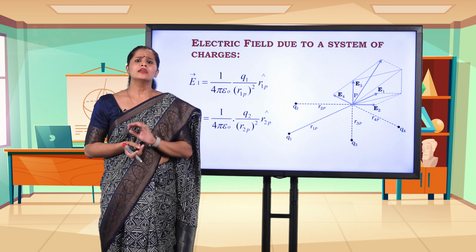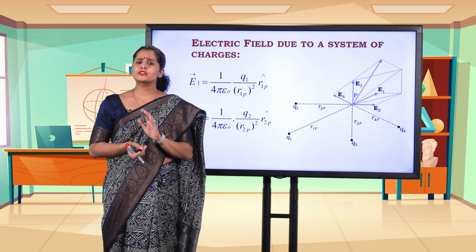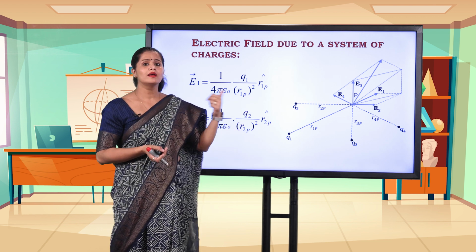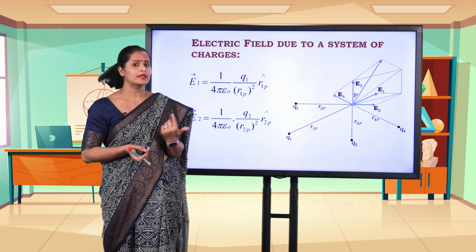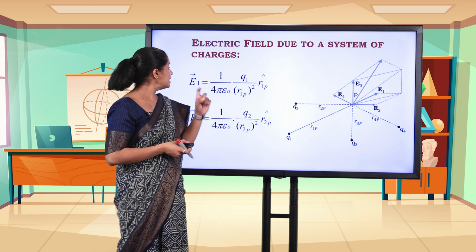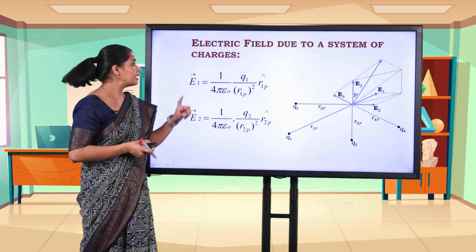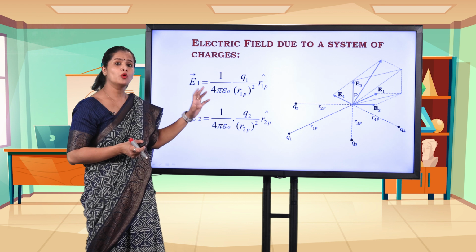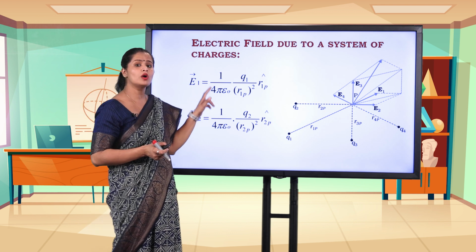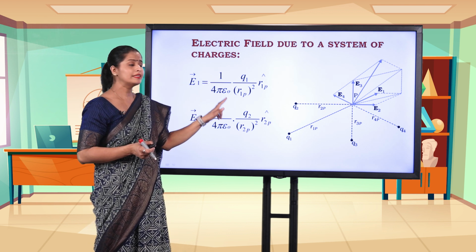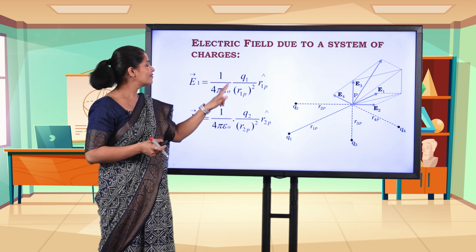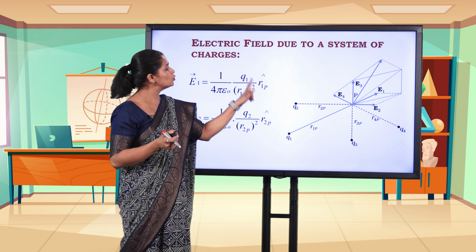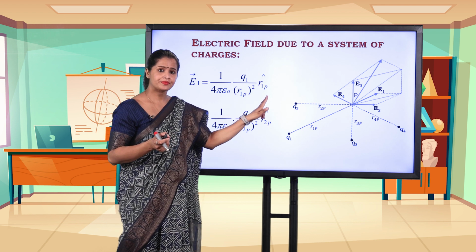We can use Coulomb's law and the superposition principle to determine this field at the point P, denoted by the position vector R. Now, the electric field E1 at R due to Q1 at R1 will be given by E1 = 1/(4 pi epsilon naught) times Q1 divided by R1p squared, times the unit vector R1p.